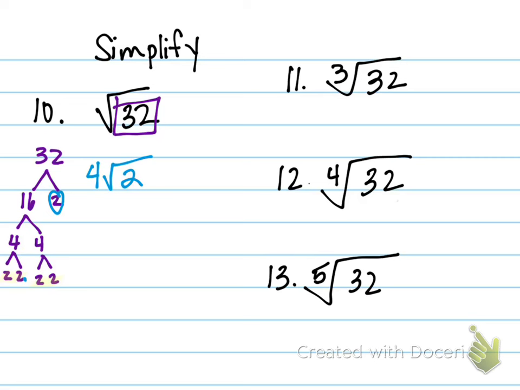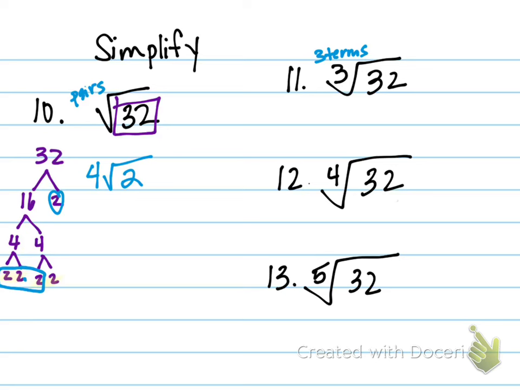But for number 11, in order to simplify that, instead of pulling out pairs of 2, I would pull out 3 terms. So I would need to put together, what are 3 terms of 2? I have three 2s that I can pull out, and then I have 2 2s on the inside. There's not two groups of 3.